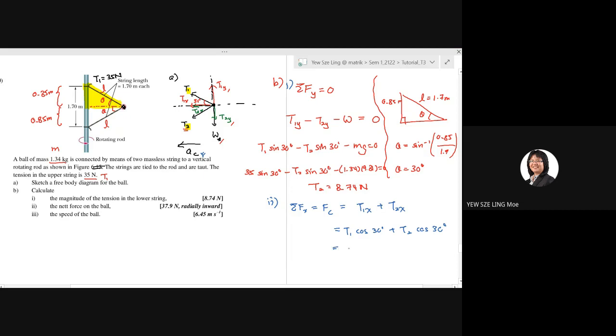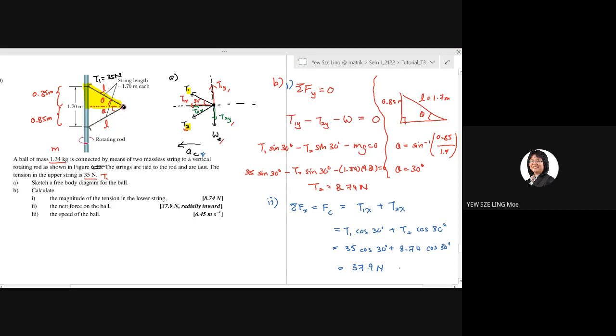Given T1 is 35 Newton, so 35 cos 30 degrees plus T2, which is 8.74 Newton, cos 30 degrees, which equals 37.9 Newton.